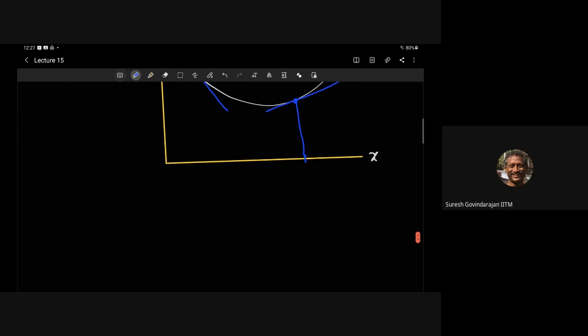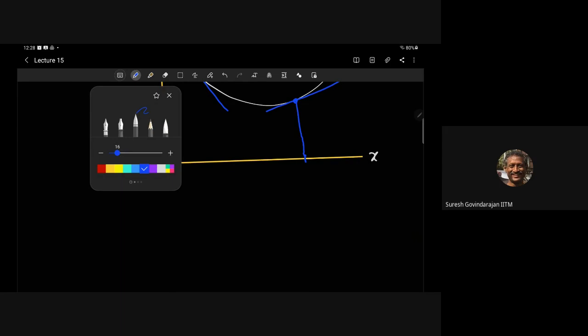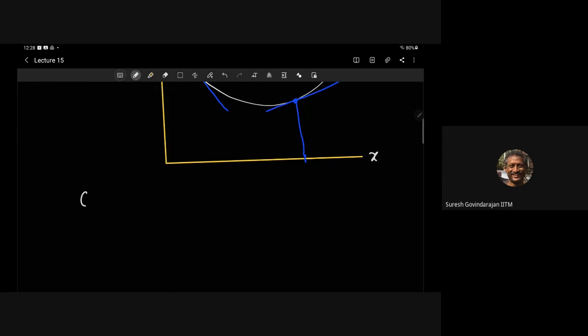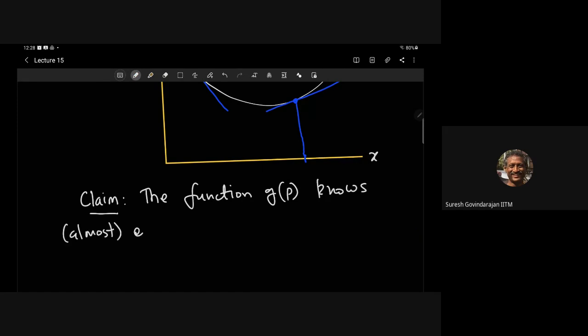And so the claim is that g of p contains everything about the function f.